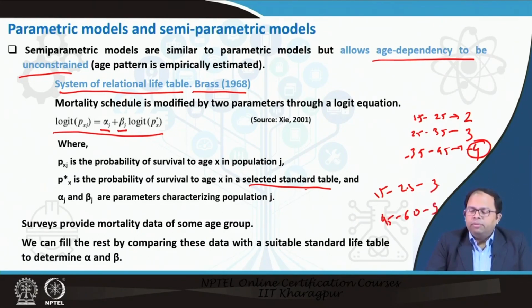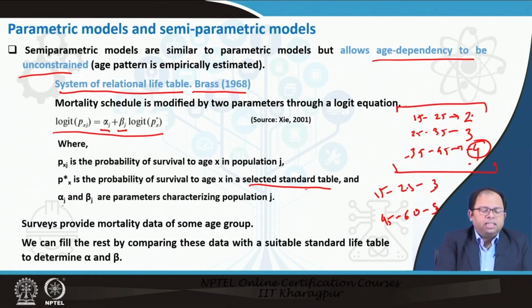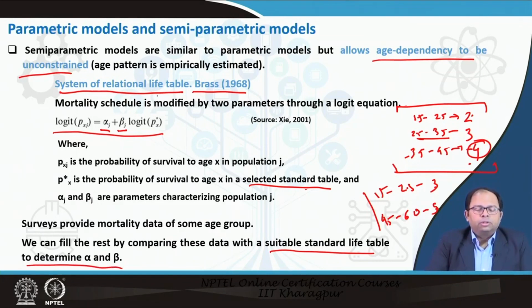Now, we will compare this value and also this value with the values from the standard table that is already there, and then we will adjust these alpha and beta values based on this empirical data, and then we can compute it for all the other age groups which are missing from the data. So, surveys provide mortality data for some age groups, and we can fill the rest by comparing this data with a suitable standard life table to determine alpha and beta values. Based on the relationship that we generate, we can fill up the values for the age groups which are not provided in the data set.